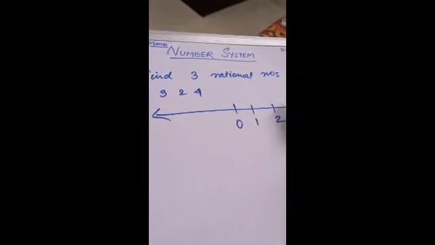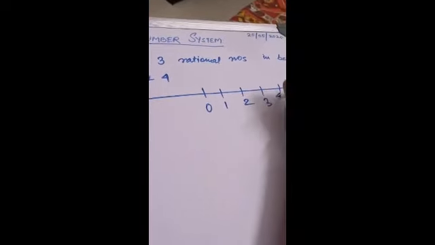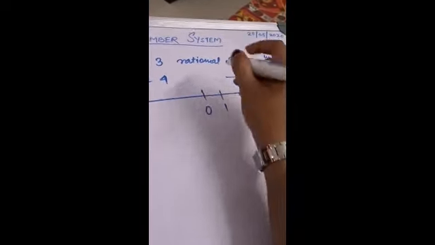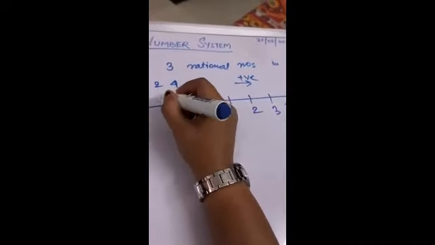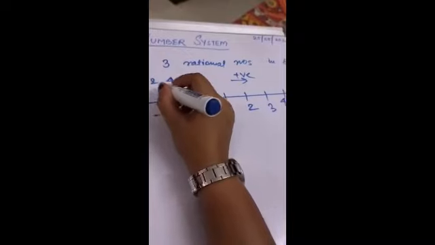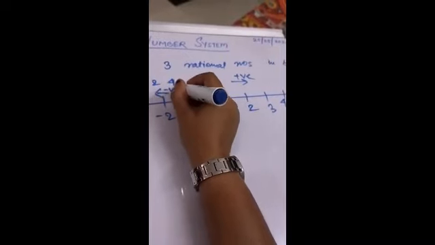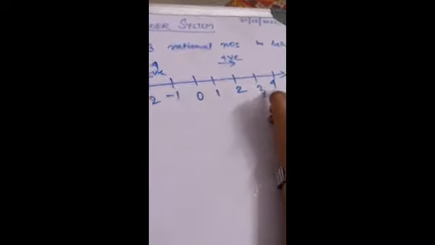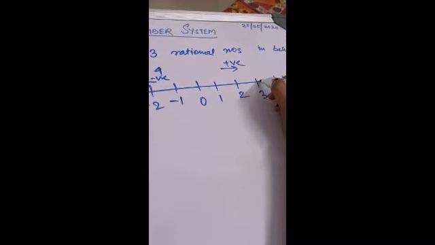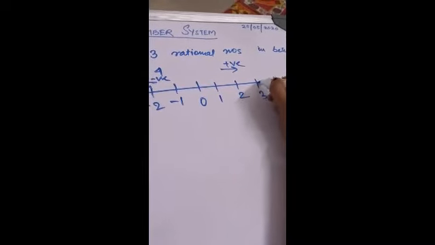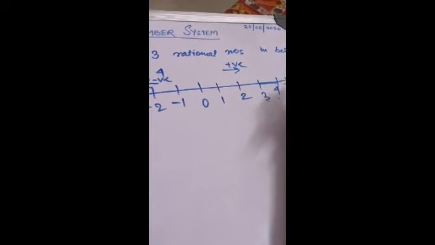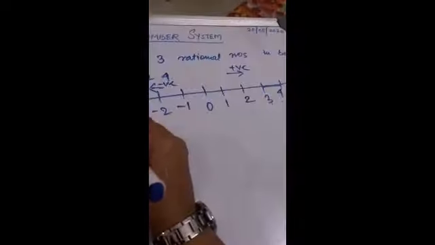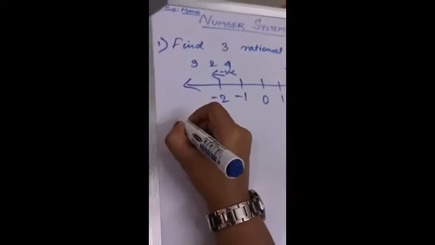Okay, if I say 0 as the midpoint, again, let's brush up again. 1, 2, 3, 4. Okay, this side is the positive numbers as I told you before, and this side are the negative numbers. Okay, now see, 3 and 4, there can be innumerous numbers in between 3 and 4. Now how to find all those numbers? What were our ways?